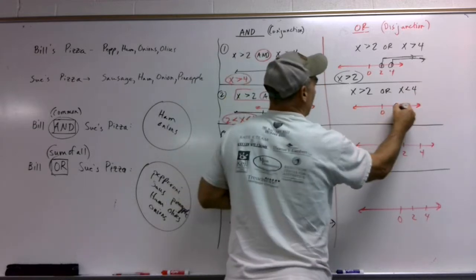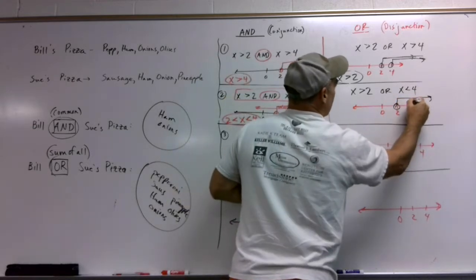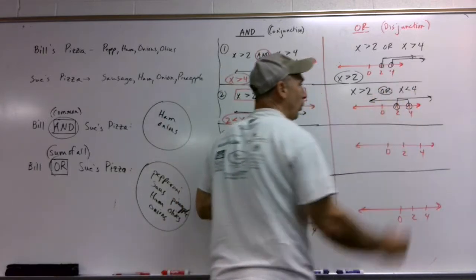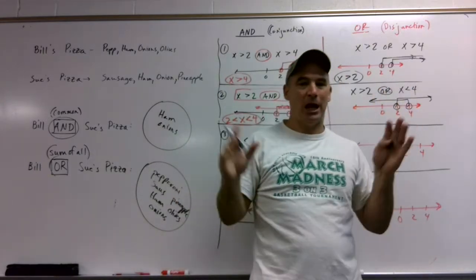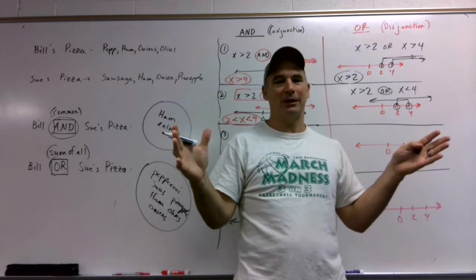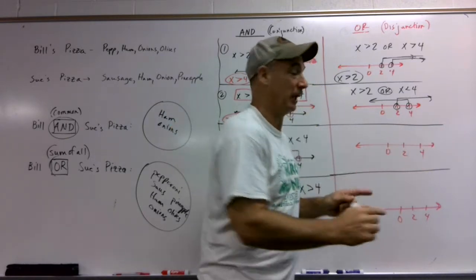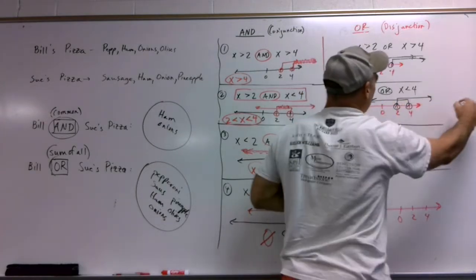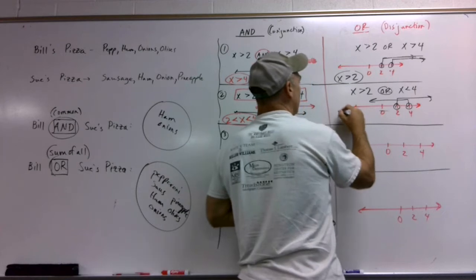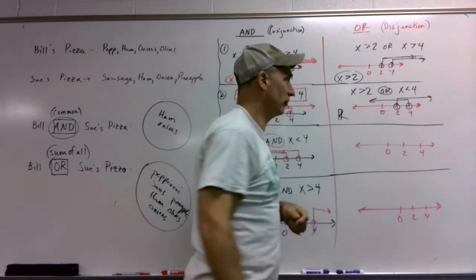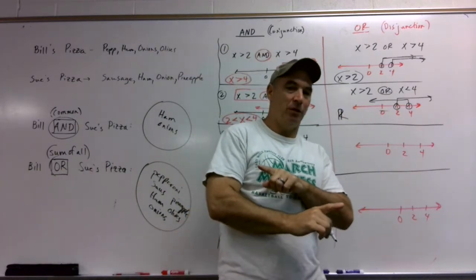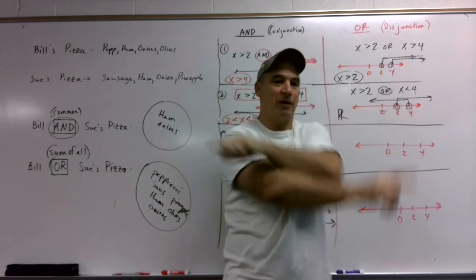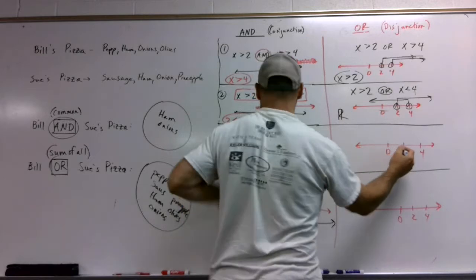What does that picture look like? Open circle to the right, open circle to the left. Now this is interesting. Remember what the word or means. You take a look at the entire picture and you try to summarize it as simply as you can. Well, here's the thing. If they go up like this and they go towards each other, the whole number line would be covered. So that means all real numbers. There's nothing that doesn't get covered by that. Let's go to this one.